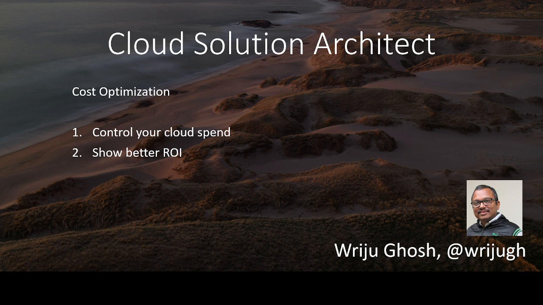So if you had an application already running on premises, everybody will try to compare not only the performance and the benefit of having it under control, but also the cost aspect of it. So if your cost is more than what you used to have, then the question will be asked why it is so, and you have opportunities to reduce, resize, shut down a few resources which are not required 24 by 7.